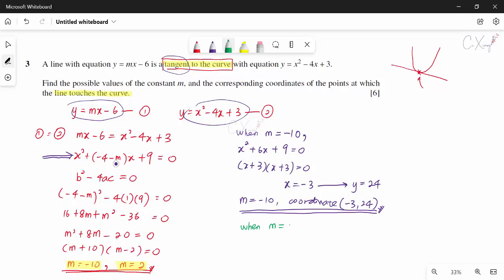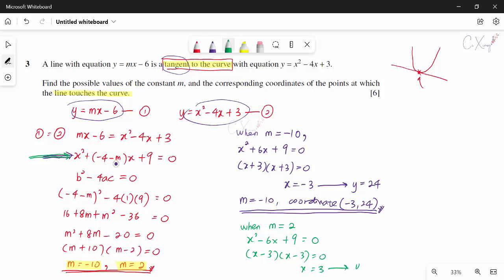So when the m is equals to 2, again, I will substitute into the equation here. So what we have is x squared minus 6x plus 9 equals to 0. So I do the same thing where I try to factorize it. And from here, I'll get the value x equals to 3.